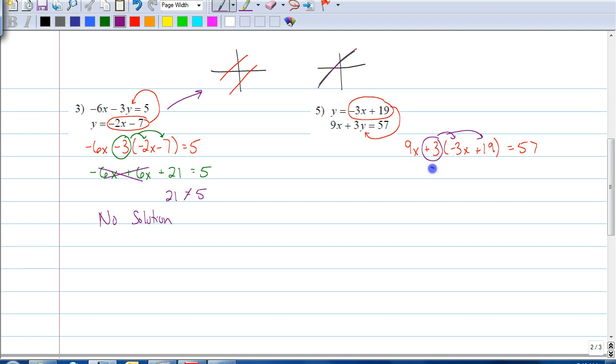So 9x stays the same. 3 times negative 3x, though, that's minus 9x. 3 times 19, that's 57. And if you notice with this one, the variables cancel out again, because 9x minus 9x is 0. But this time I'm left with a true statement. So that means that there are infinite solutions.